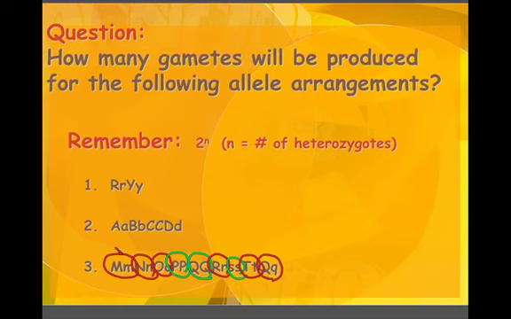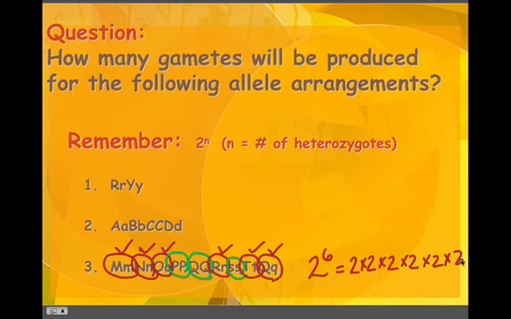So if we count these, 1, 2, 3, 4, 5, 6. So this would be 2 to the 6th power, which is 2 times 2 times 2 times 2 times 2 times 2. And if my math is correct, I think that's 64. I could be wrong.